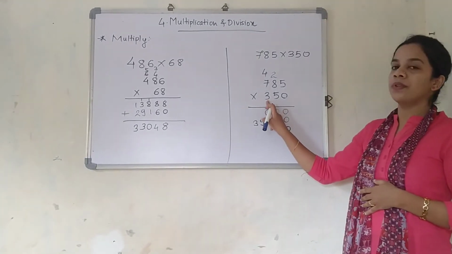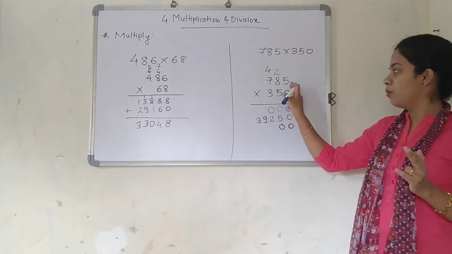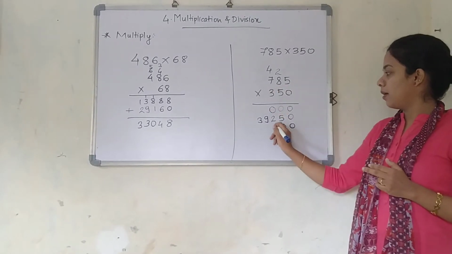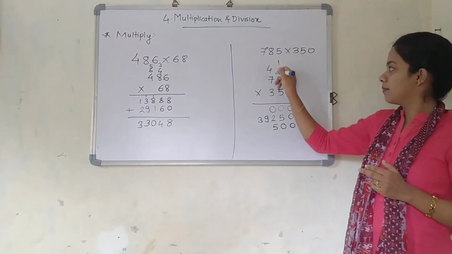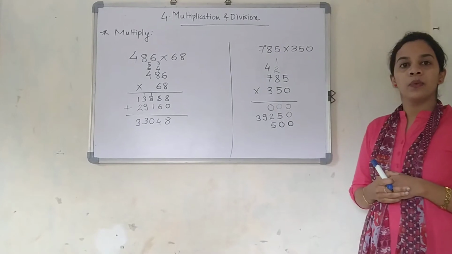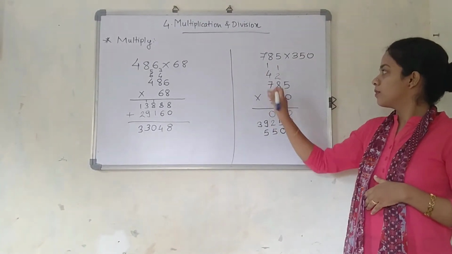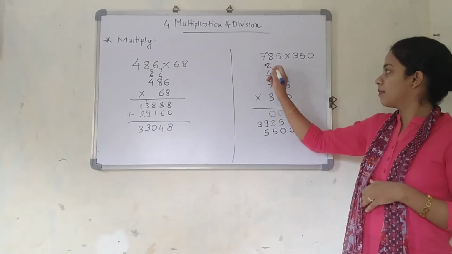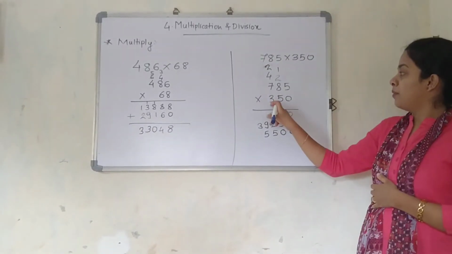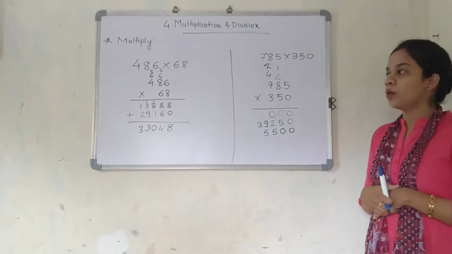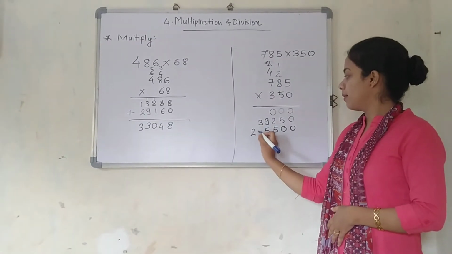So now I am going to start with 3. First I am going to multiply 3 into 5. 3 into 5 is what? 15. 3 8s are 24. 24 plus 1, 25. And 3 7s are 21. 21 plus 2, 23.